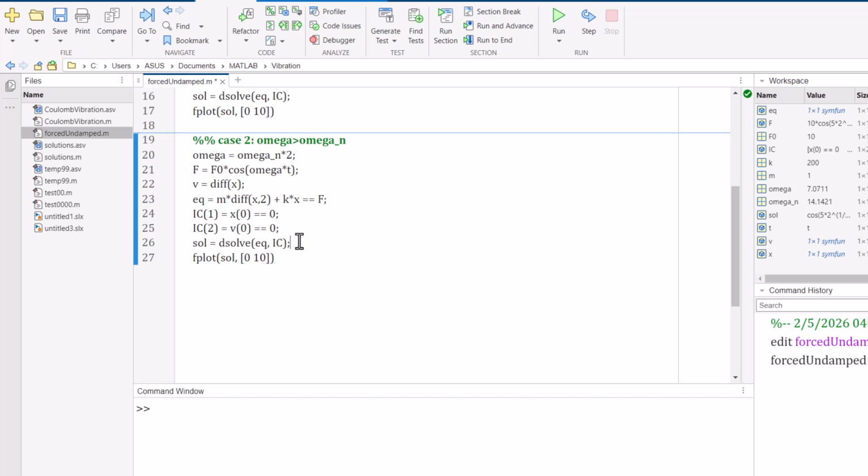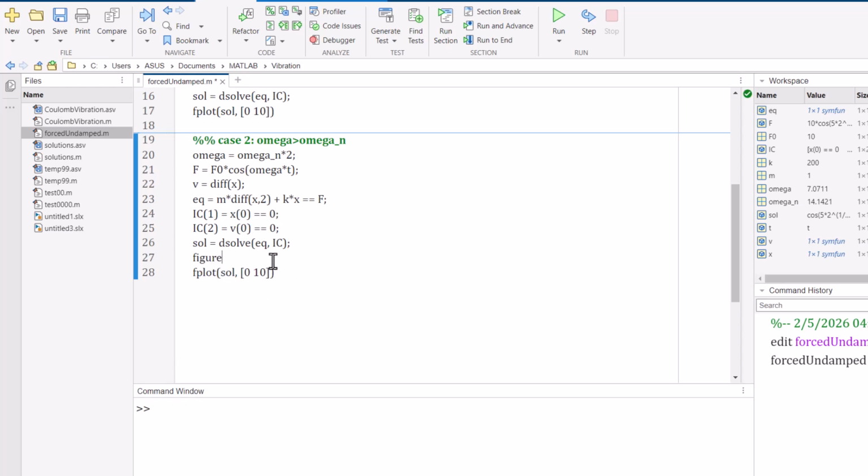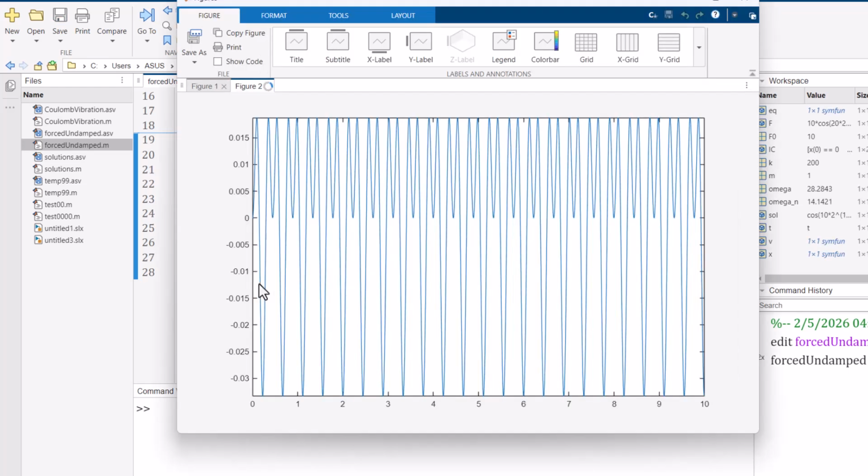And I do not need to change anything. I only add a figure line, which creates a figure before plotting. And this way I can have both of my figures, and the previous one is not going to be overwritten. So I press F5. Okay, now I have 2 figures. And the second figure is obviously having a higher frequency.